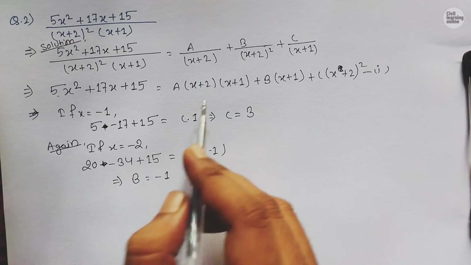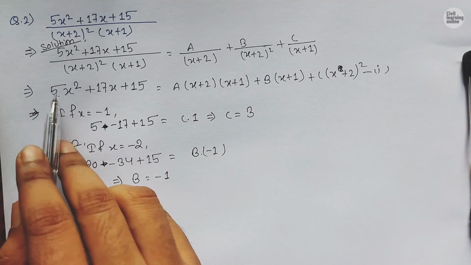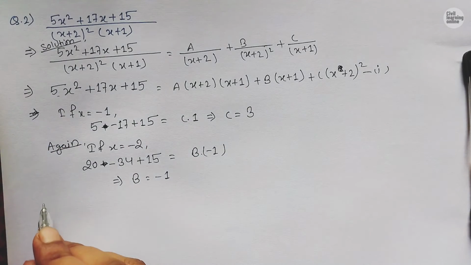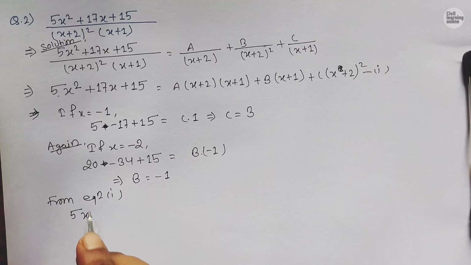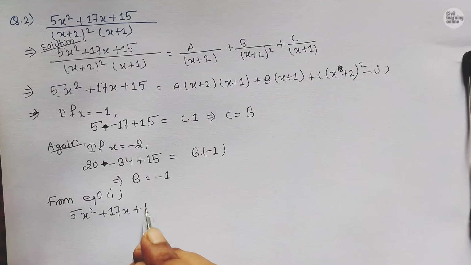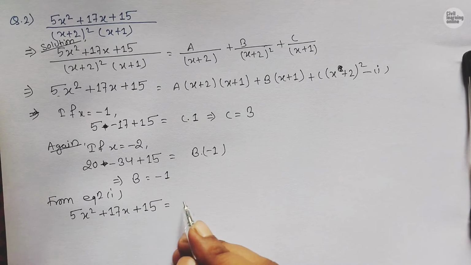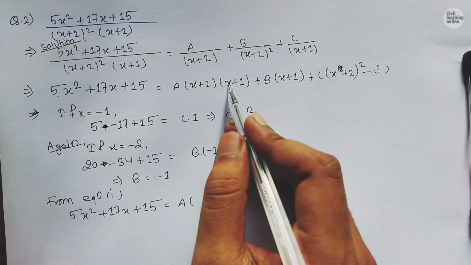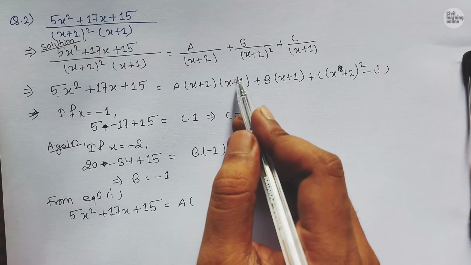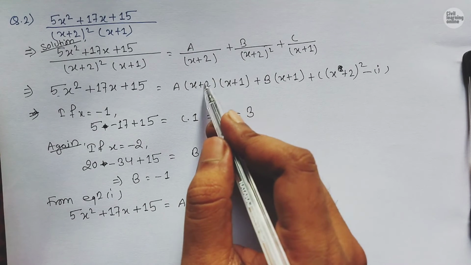Now again, we will do the multiplication and do the comparison to find the value of a. So from equation 1 we will have 5x squared plus 17x plus 15 equals to a times x squared, this x will get multiplied with this, so x squared plus 2x plus x plus 2.